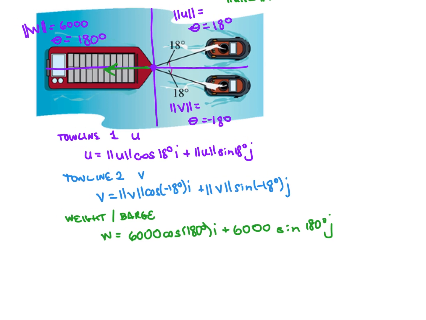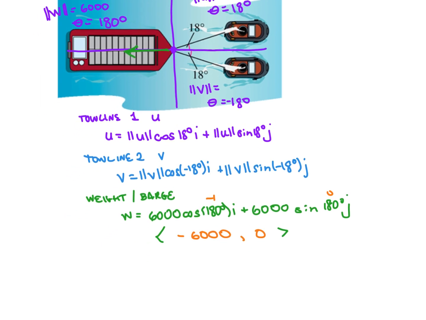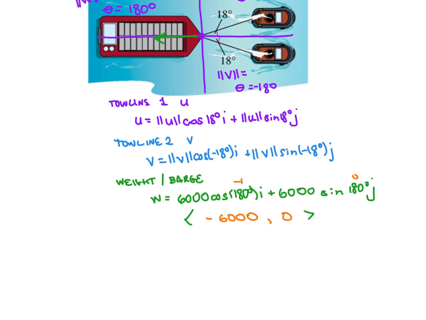So we can simplify this a little bit. I can write it in component form. Cosine of 180 degrees is negative 1, so this is negative 6,000, and sine of 180 degrees is 0. So negative 6,000, comma 0. Let's write our horizontal component. All of our cosines are our i's.